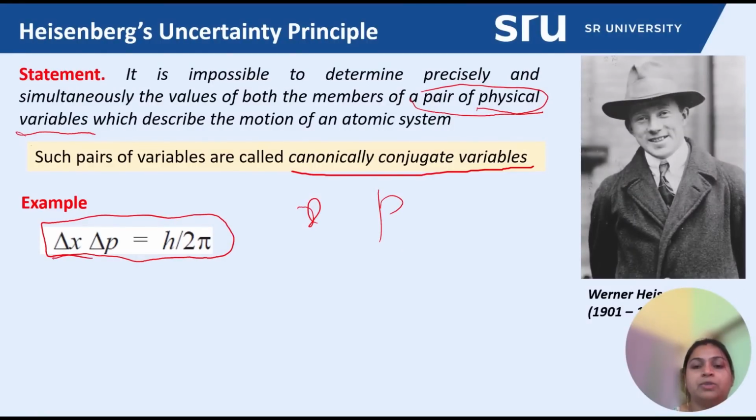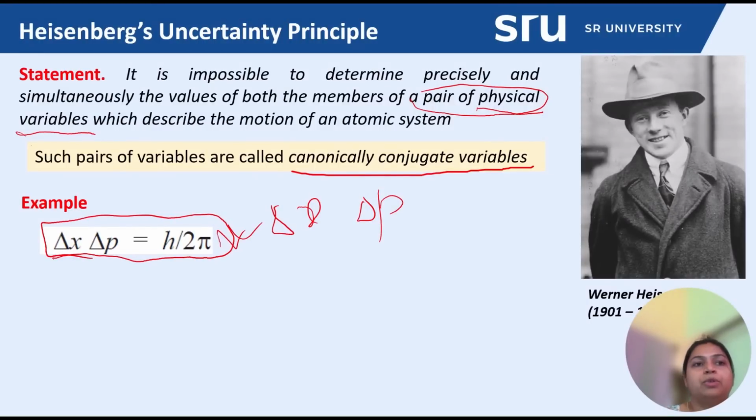If delta x is the error in measuring the position, and delta p is the error in determining the momentum at the same instant, these quantities are related like this.